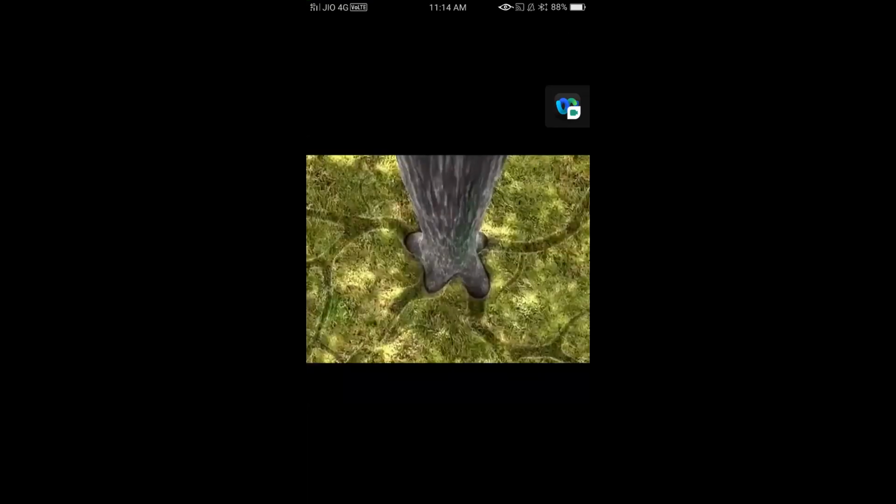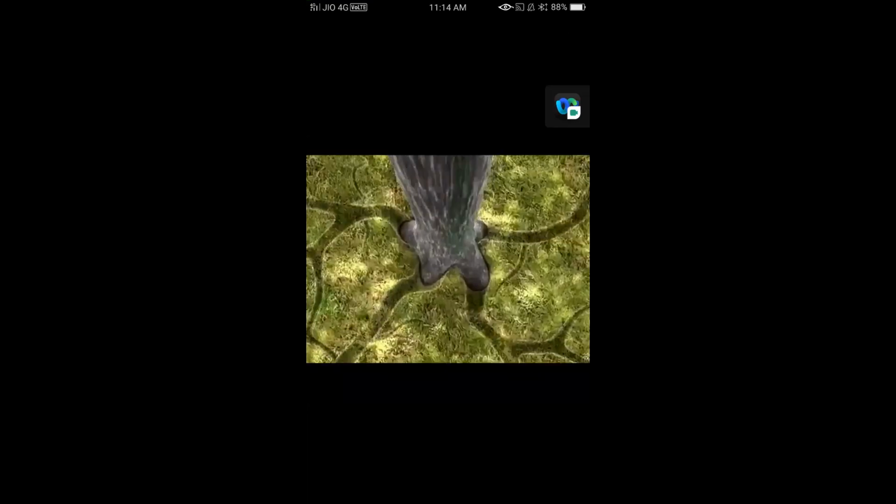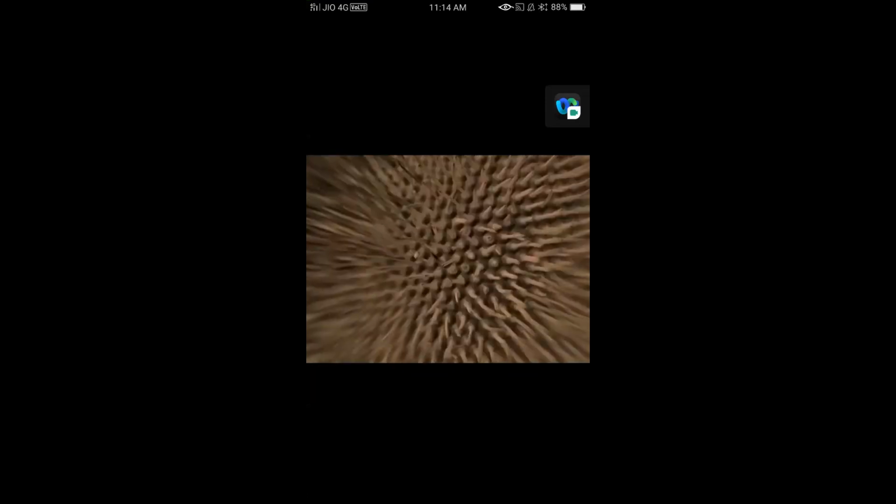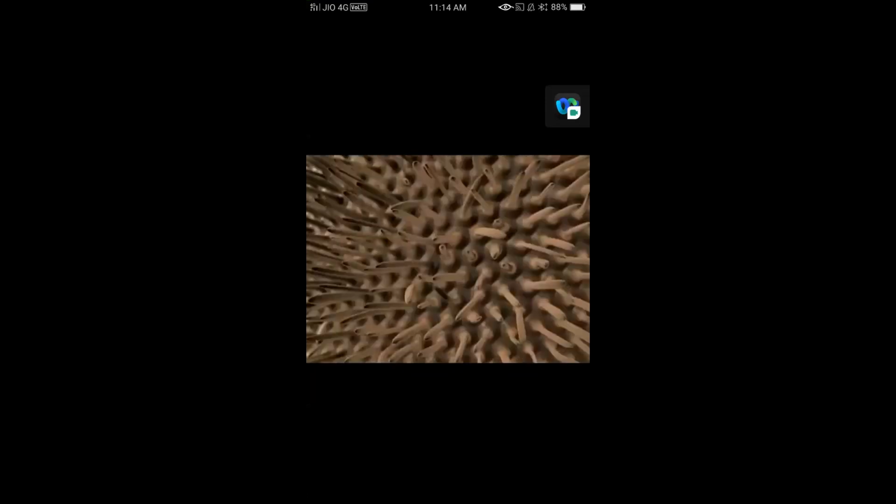I will show you again, just look at the video. From the root hairs, water is absorbed. The absorbed water is moved in two pathways.